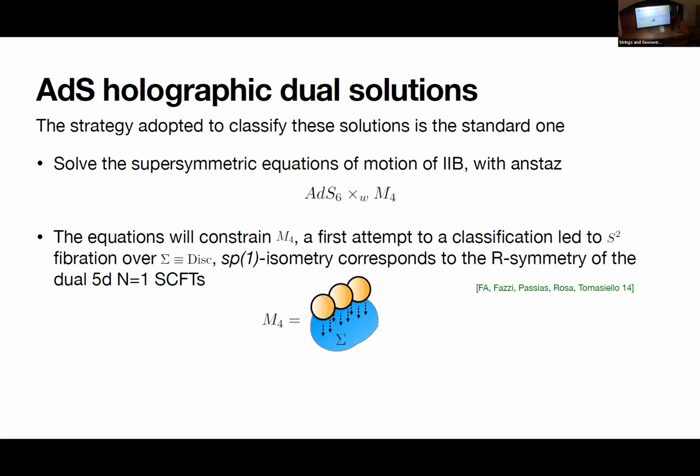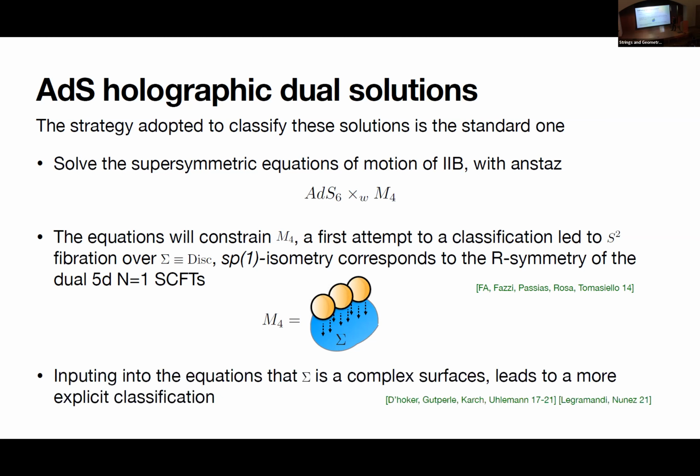This is consistent with the R-symmetry of the dual 5D N=1 CFTs, which is SU(2). The fact that there is an S2 fibration over a disk means that there is an SO(3) isometry in this geometry.